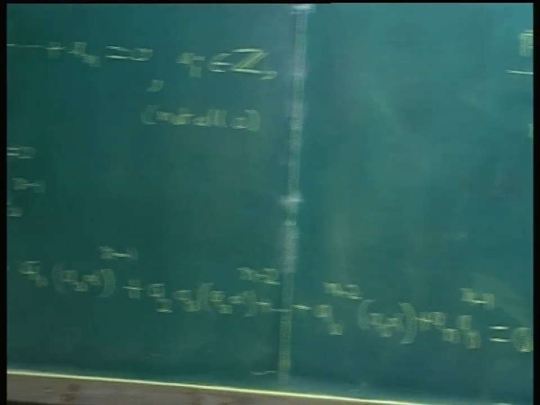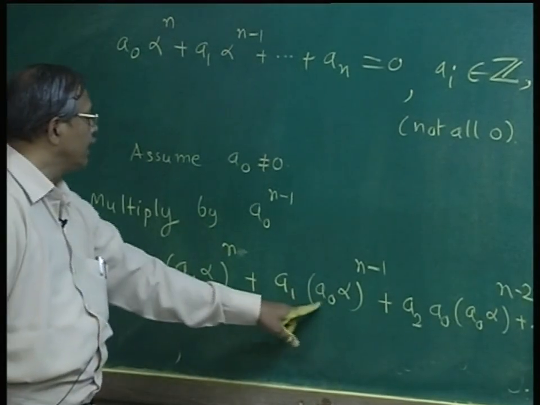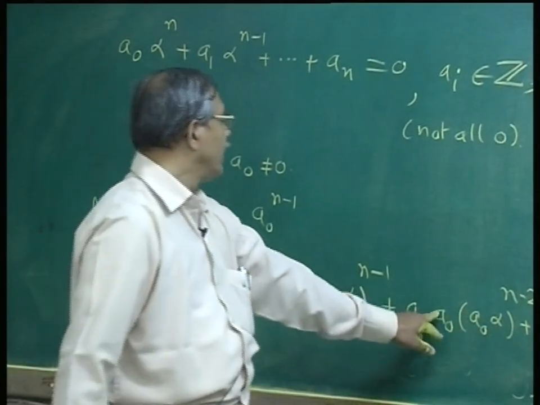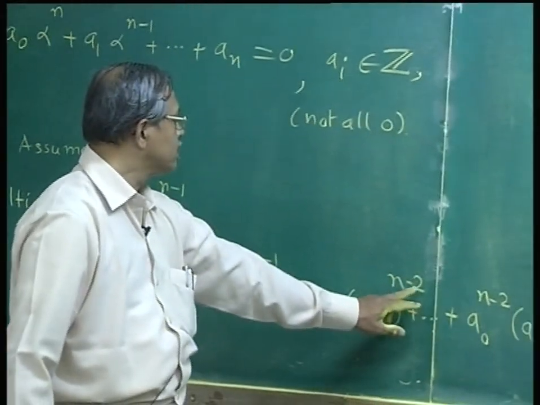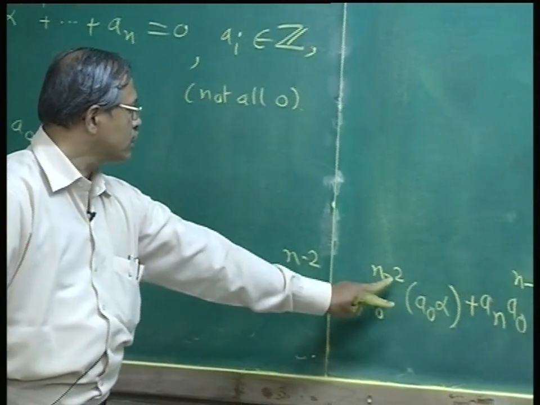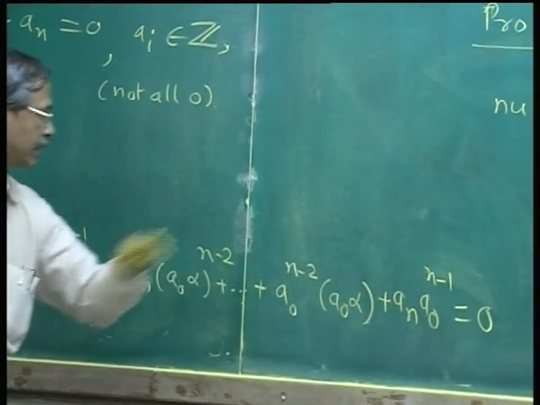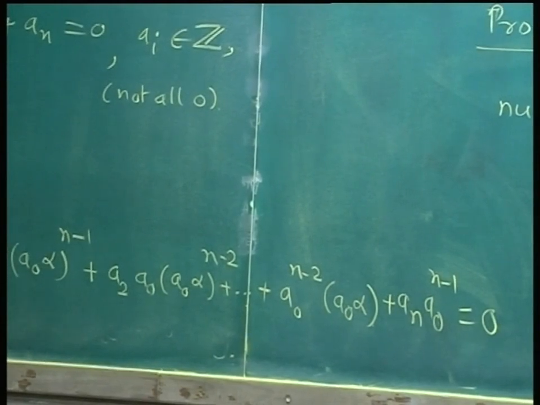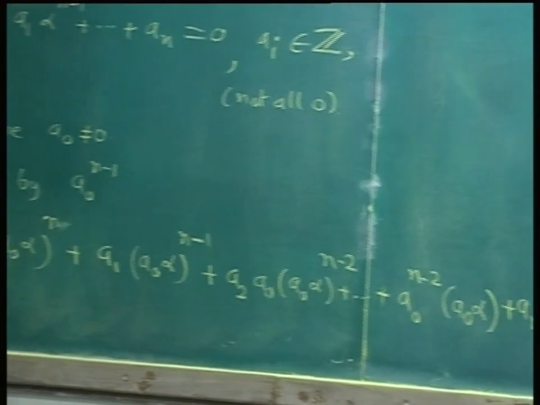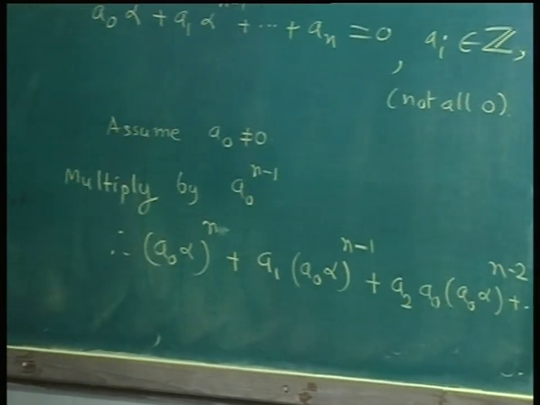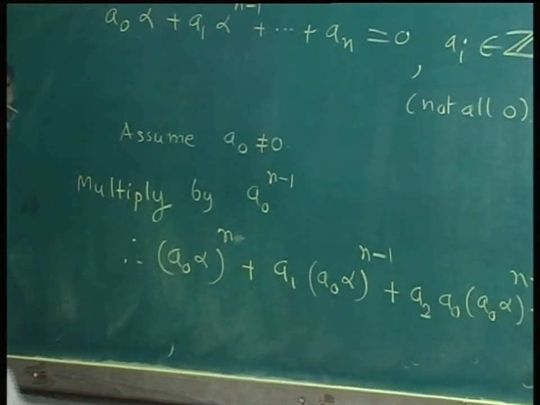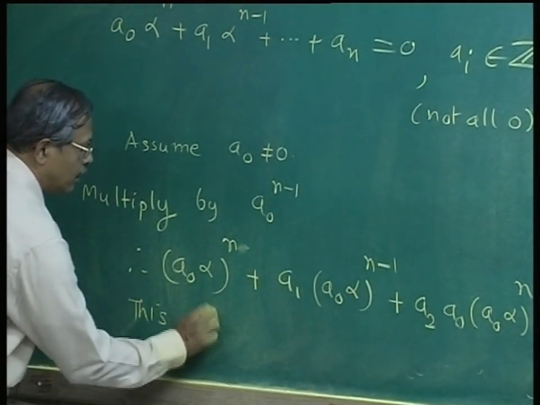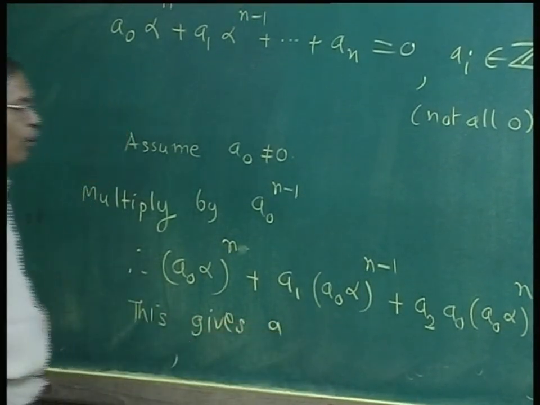A naught alpha raised to n plus a1 a naught alpha raised to n minus 1 plus a2 a naught alpha raised to n minus 2 and so on, plus a naught raised to n minus 2 a naught alpha plus a naught raised to n minus 1 is equal to 0. And this is a polynomial satisfied by a naught alpha. It's a monic polynomial.